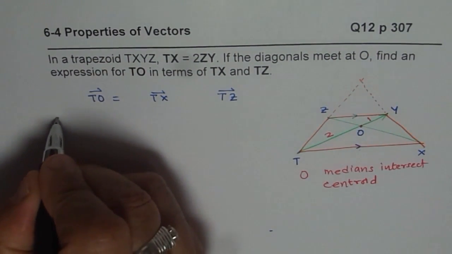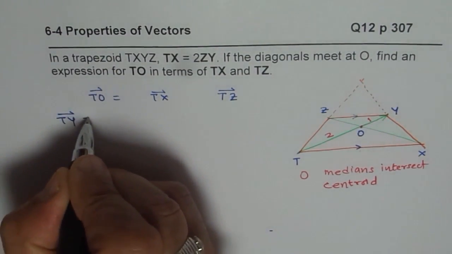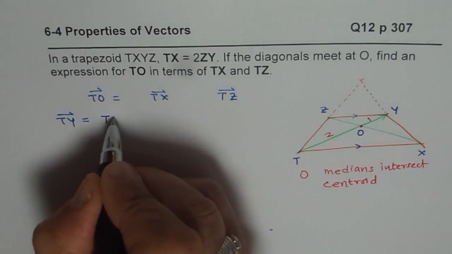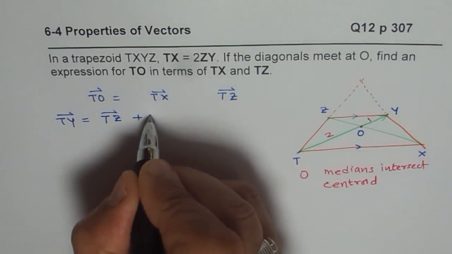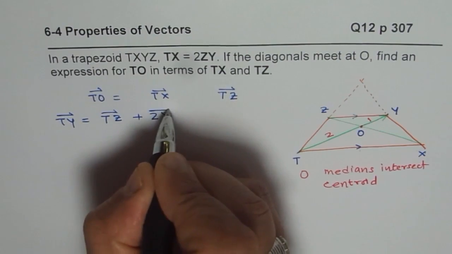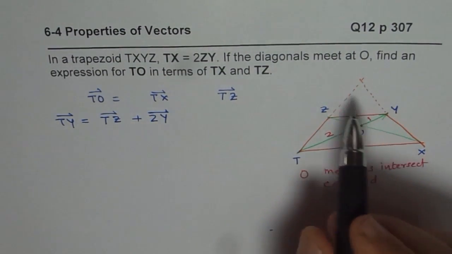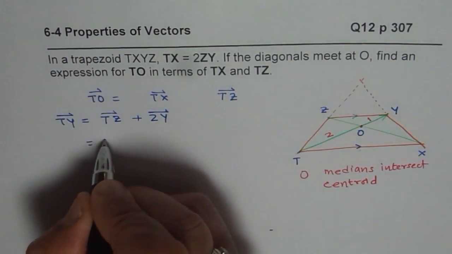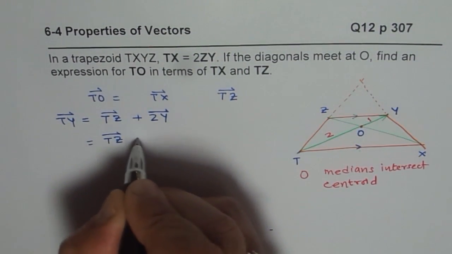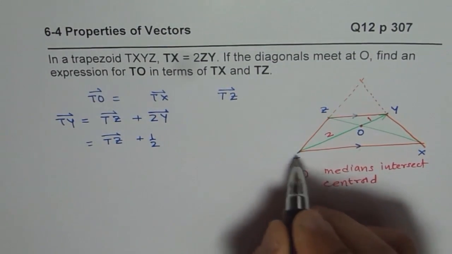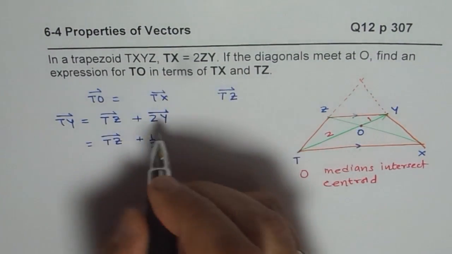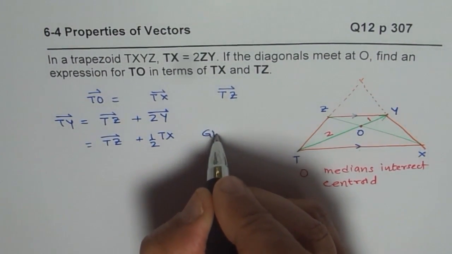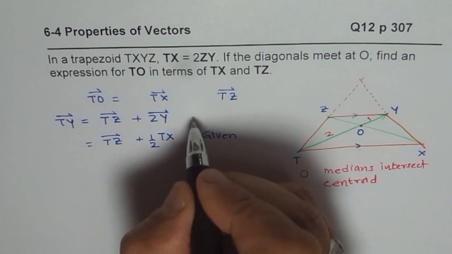So we say the vector TY is equal to TZ plus ZY. And we are given that ZY is half of TX. So we replace that, and we have TZ plus half of TX. This is given to us, so we'll write this as given. This is the properties of vectors.